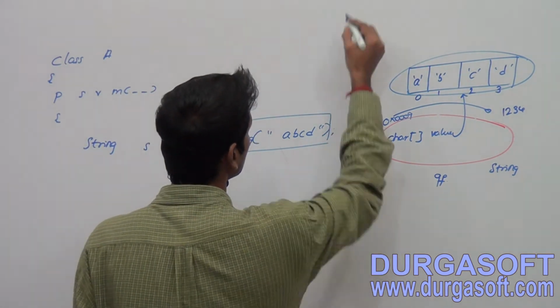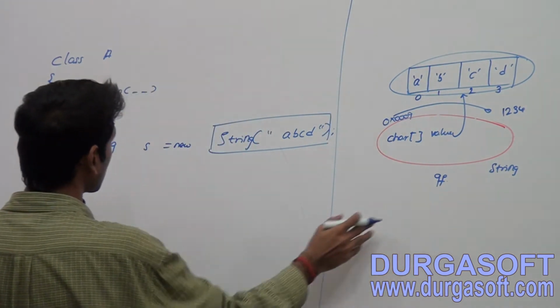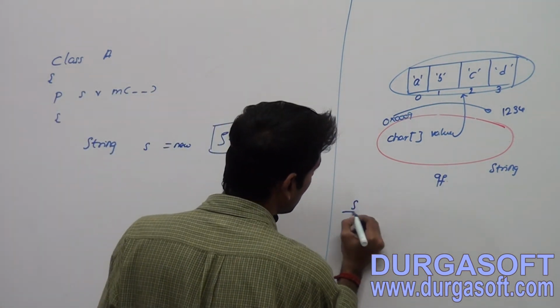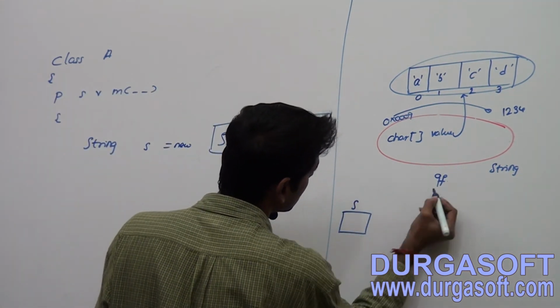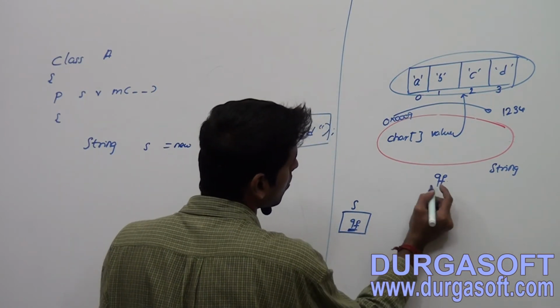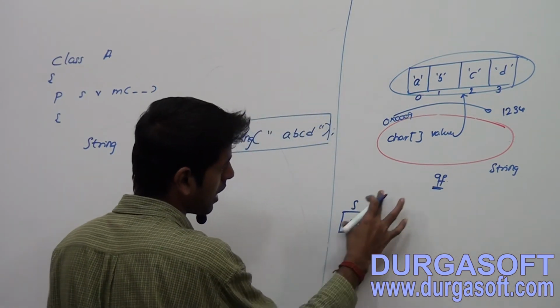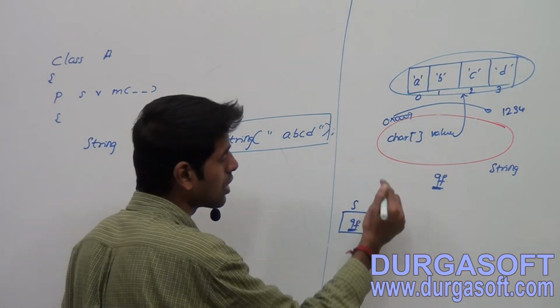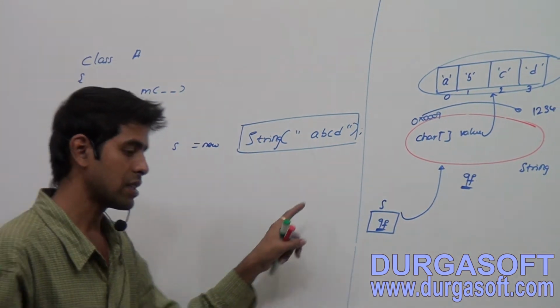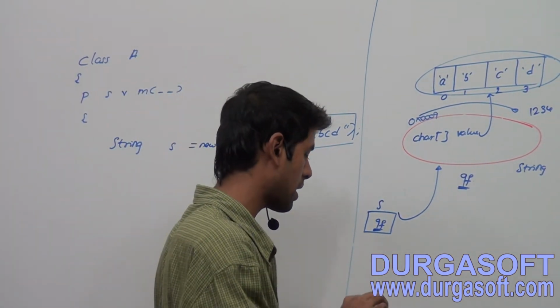Now this reference I'm copying to the variable s. So s will have the value 9f. Both are the same. From this variable I can reach this address area, so let me put one arrow mark. The same thing will happen for arrays also.